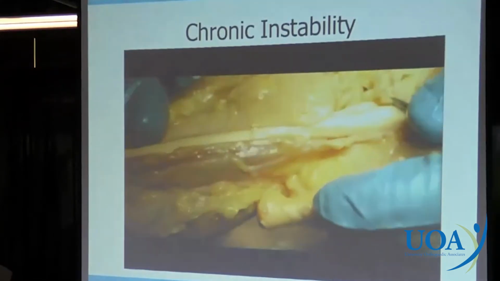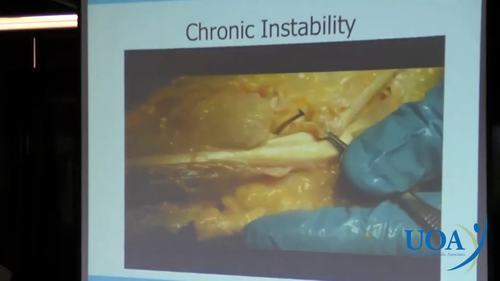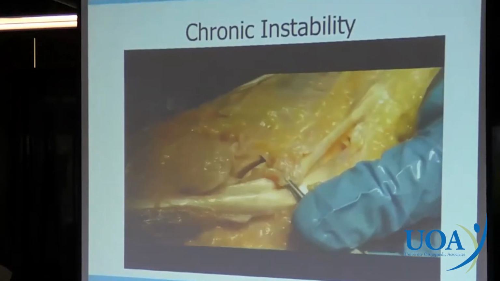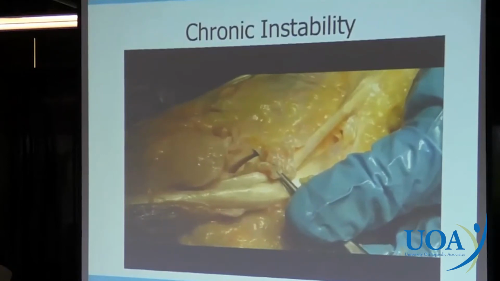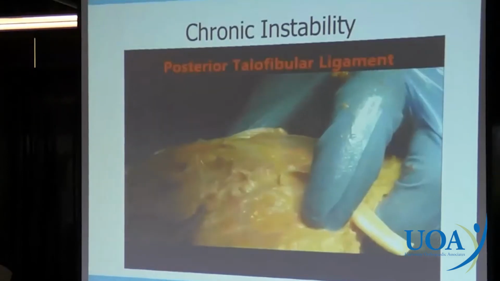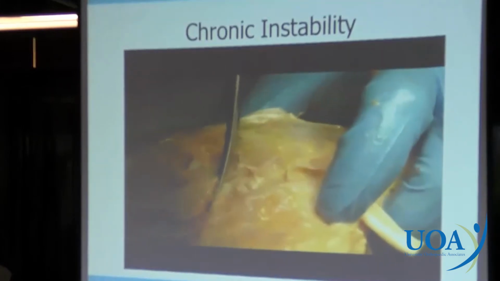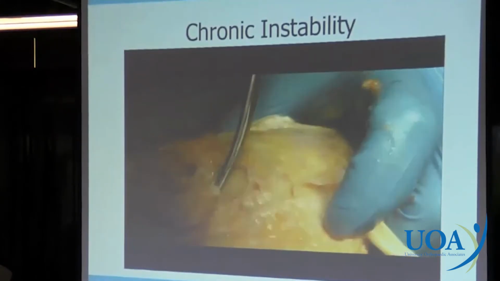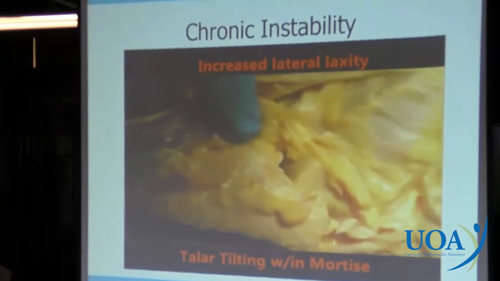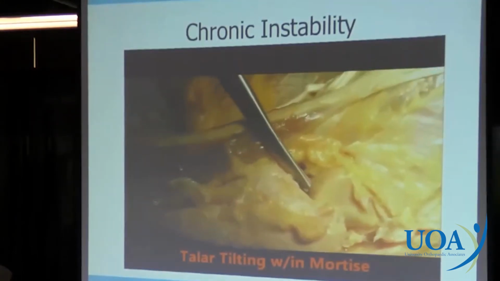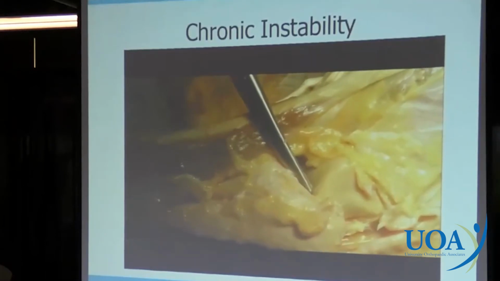And you can see when that's cut, and then you start to invert the ankle, you can see the subtalar joint opening up, and then also the talus and the distal tibia joint will open up as well when we cut this other ligament. We'll demonstrate that in a second. There you go. So that's what's demonstrated on the stress x-ray when the ligaments are no longer tight enough to prevent this type of motion.